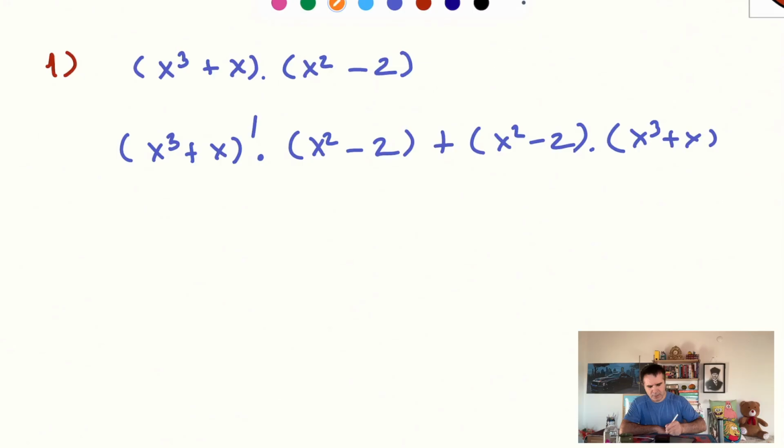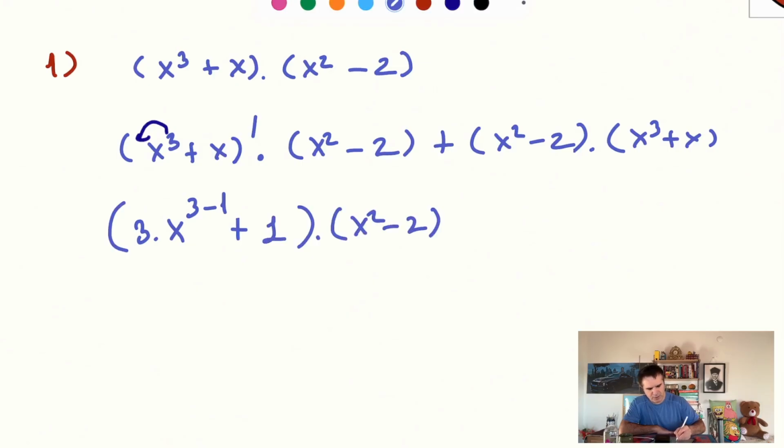The derivative of x cubed: we first take 3 as multiplication here, 3 times x to the power of 3 minus 1, plus, while differentiating x, we know that x vanishes, so instead of x we will write 1, times x squared minus 2, which stays the same.